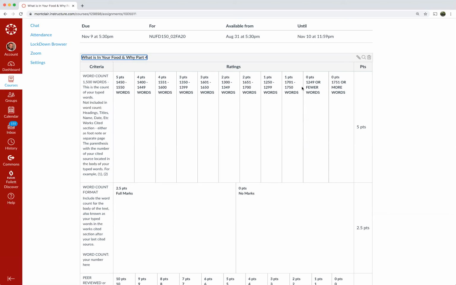Of course, if you're at 1249 or fewer words, then you'll get 0 out of 5 points for this content area, for this part of the rubric.